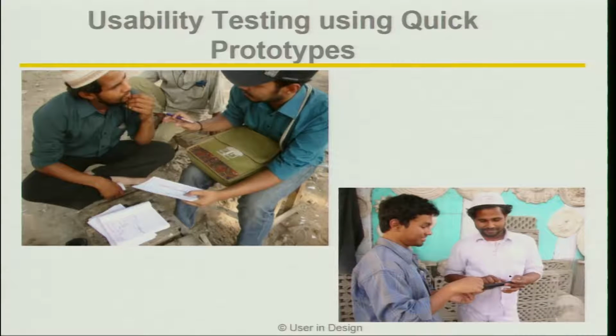Likewise over here, when the design moved from paper version to a digital version, its third revision, they took it again to a craftsman and had them do the tasks that were designed on the system.